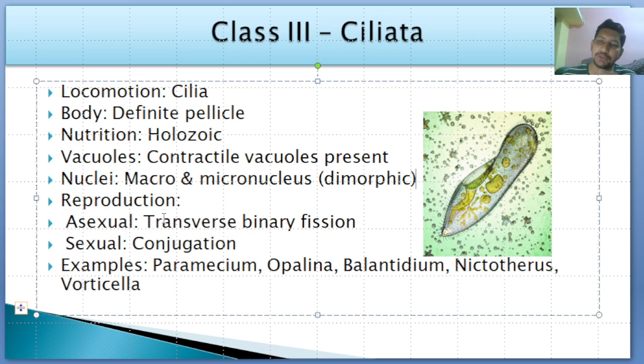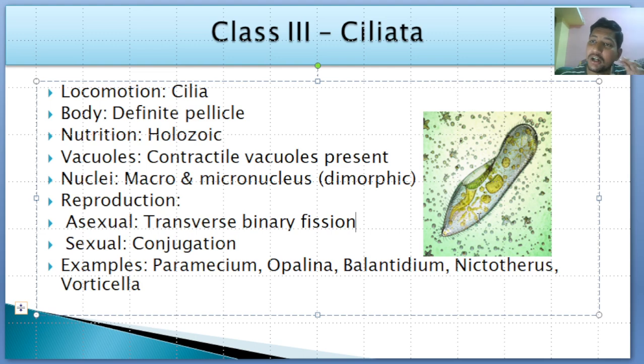The diagram I have shown in the picture is the Paramecium. Now the other examples for class Ciliata include Opalina, Balantidium, Nyctotherus, Vorticella. Dear students, I just want to tell you one more thing. In some textbooks they have given one more class. As per this, I have told you 4 classes only: Rhizopoda, Flagellata, Ciliata, Sporozoa.